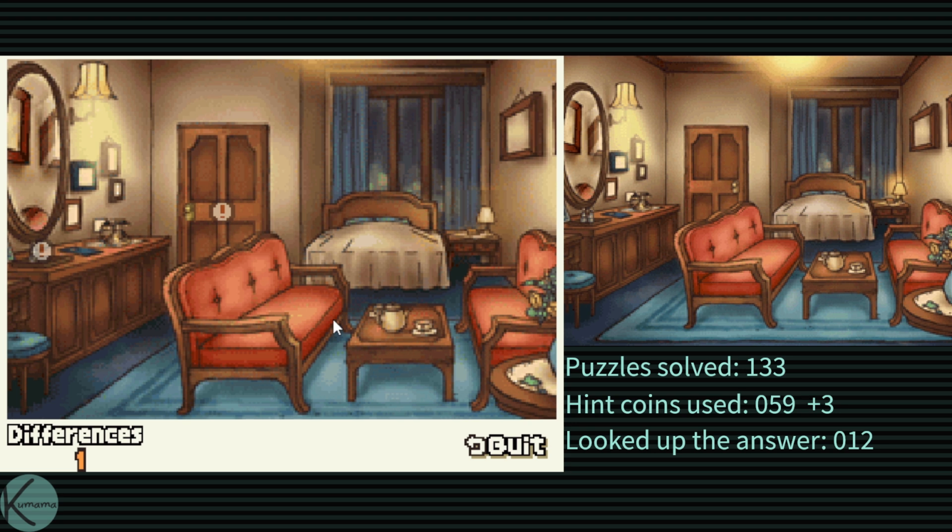I wasn't seeing anything else that was different. Well, one of them could have been that this cushion goes back further, but no, that's not it.